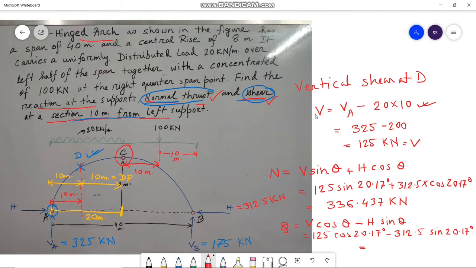We get Q equals to 9.575 kilonewton. So as per our calculation, we get normal thrust N equals to 336.437 kilonewton, and the shear Q equals to 9.575 kilonewton. Thank you.